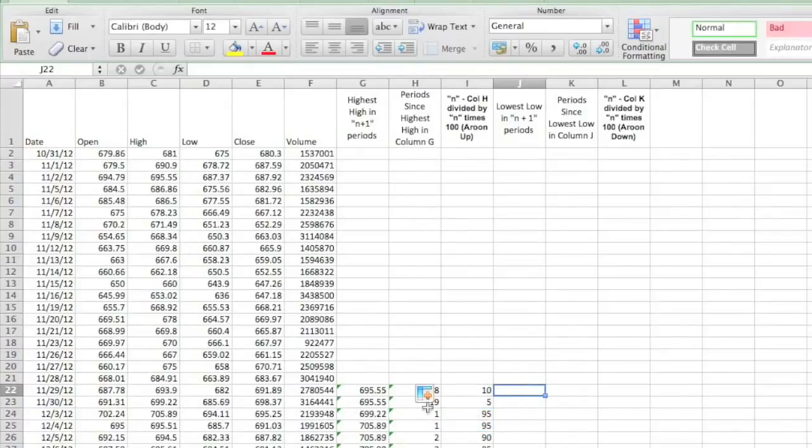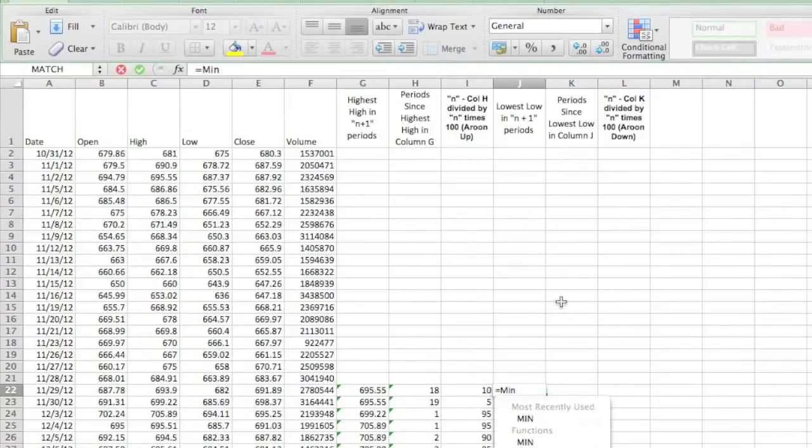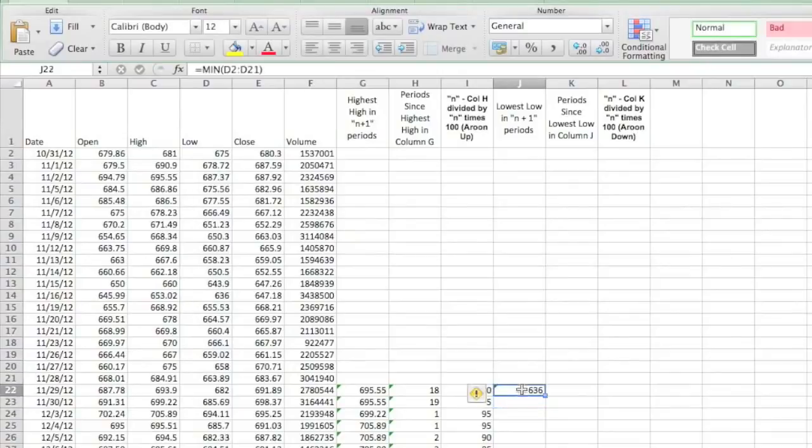Now we repeat the same process, but this time to calculate Aroon down. Instead of the highest high, we're trying to find the lowest low in n+1 periods, so basically a min function. Again, 20 values, excluding that row. Fill in the rest. Then period since lowest low in column J, the same thing we did here.